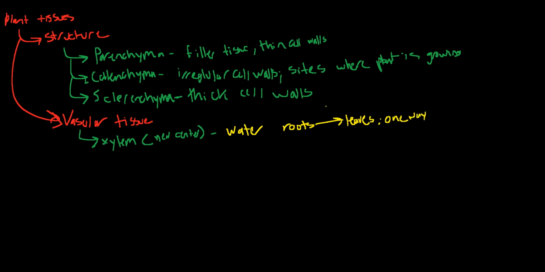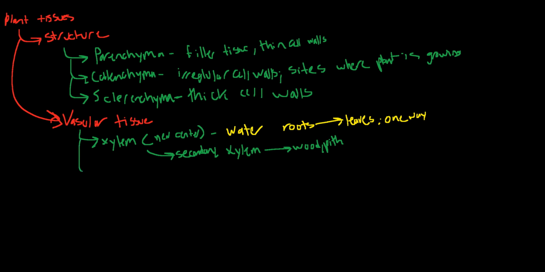And when the xylem ages, it becomes a secondary xylem. This secondary xylem is what gives rise to the wood of trees. So this is one way.